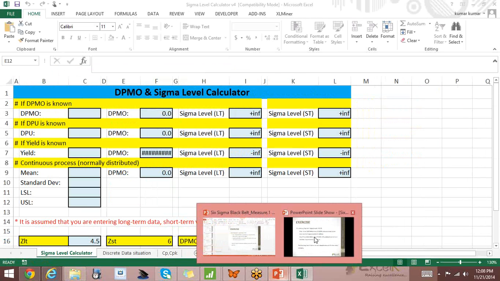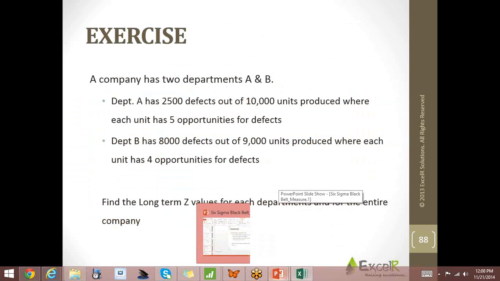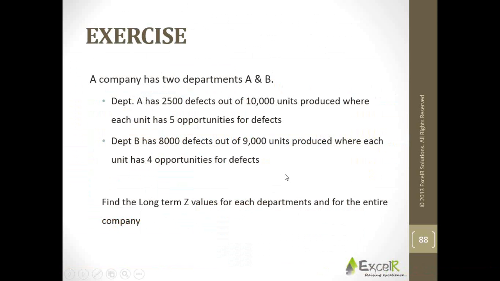So what is given to us, Anuj? They have given us the defects, the number of units, that is the sample, and the opportunities for error.